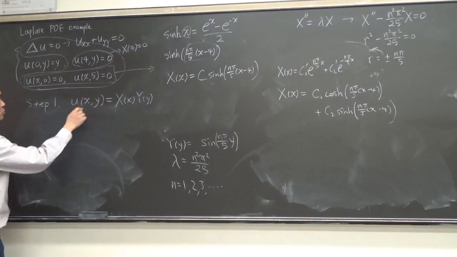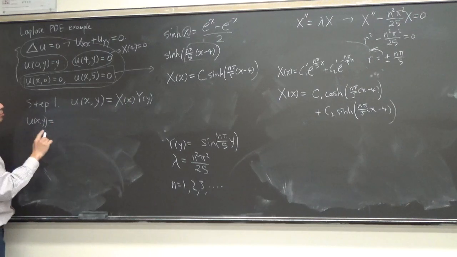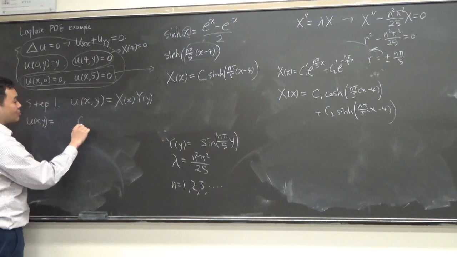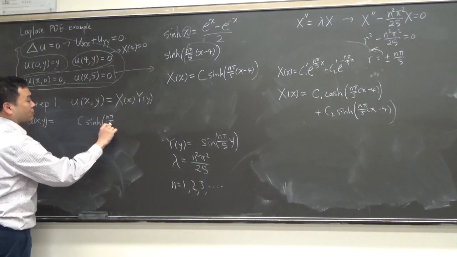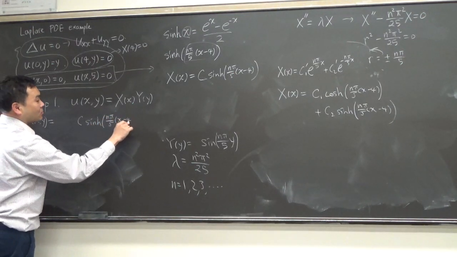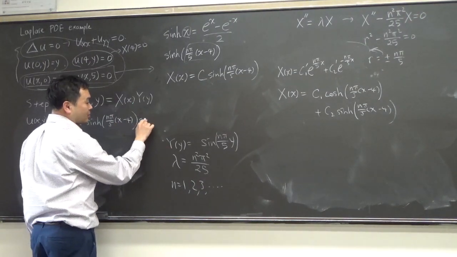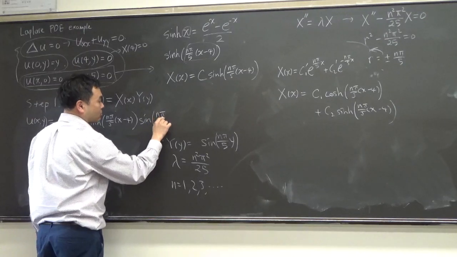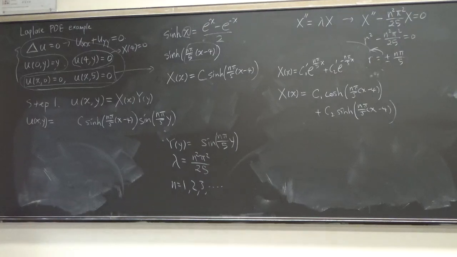So this one says that u(x,y) has to look like a function of x, some constant times sine hyperbolic n pi over 5 x minus 4, times, for the y's, sine of n pi over 5 y. Okay? So that's what we get as the answer to step 1. Is that okay? All right.